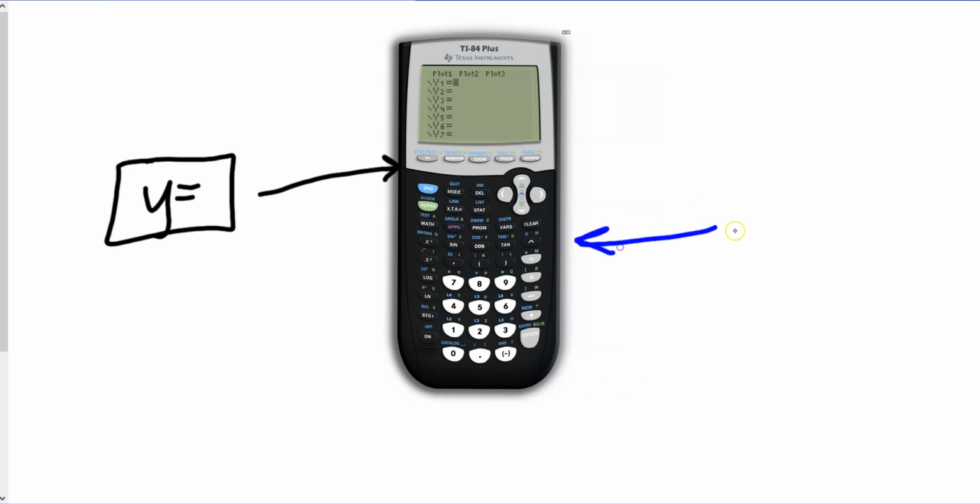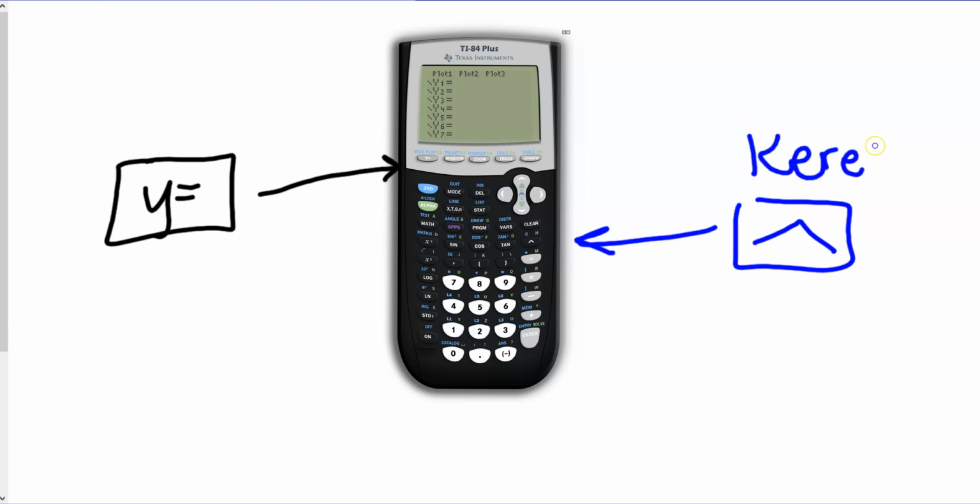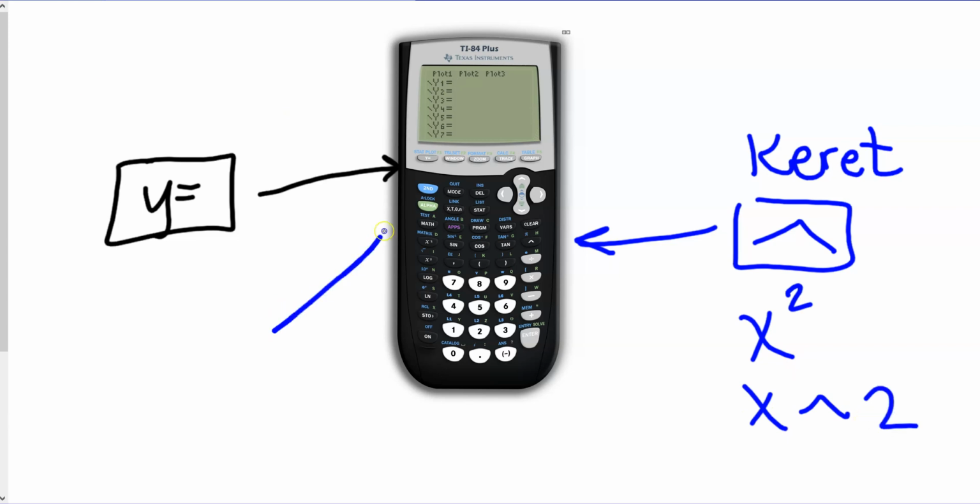But this button here, the caret button, that's what allows you to type in a power, like x to the second power would be x caret 2. And then one last button, it's this one up here, it's the math button.